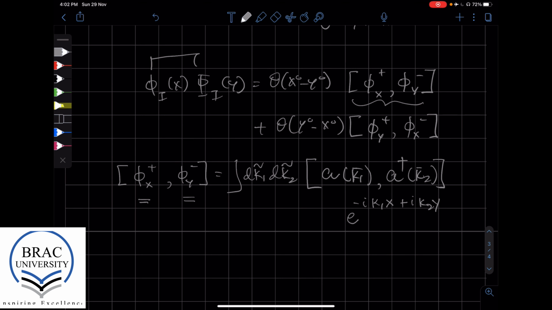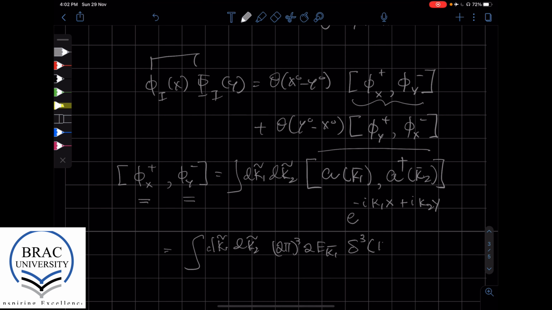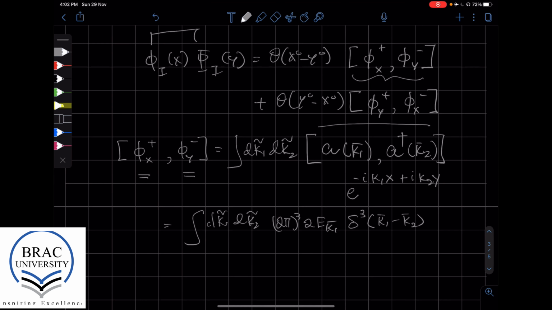We can then use the usual commutation relationships, which give a factor of (2 pi)^3 2E(k), a three-dimensional delta function between k1 and k2, and then the exponential of minus i k1 x plus i k2 y.